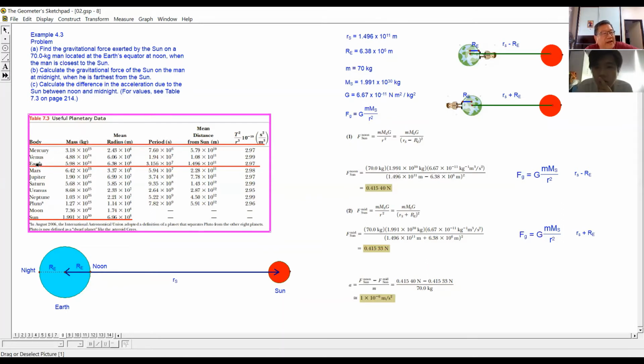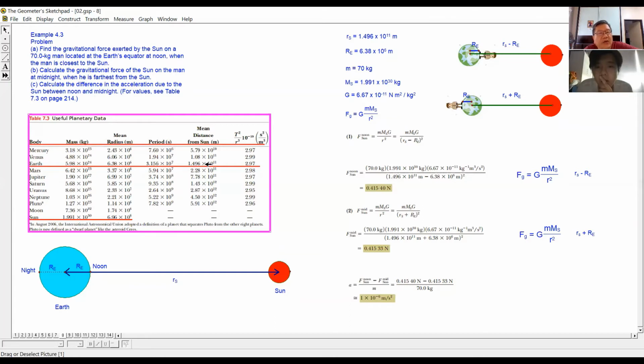The third line says Earth. The mass of the earth is 5.9 times 10 to the power of 24. The radius of the earth is 6.38 times 10 to the power of 6. The period, don't worry about the period.